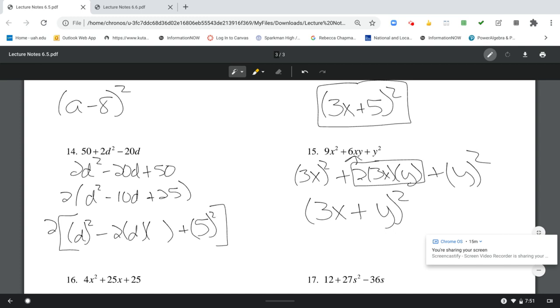Now, when I put my d and my 5, if all of this equals negative 10, then I can factor it. Now, do not forget that greatest common factor. So I end up with d minus 5 squared with that common factor of 2 out in front.